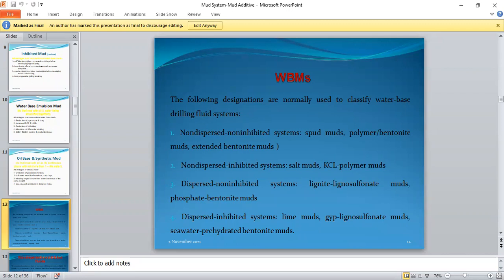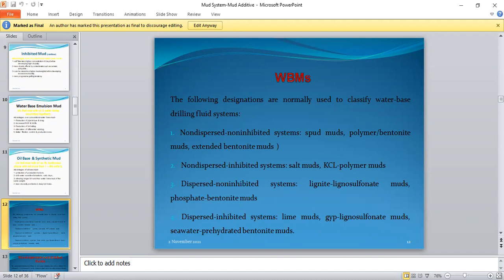Bentonite is a viscosifier. It's a natural clay, not synthesized. It is like clay, but special clay. It is one of the fundamental additives for mixing water-based mud. In most water-based muds it is used, and in some it is used more than in others.